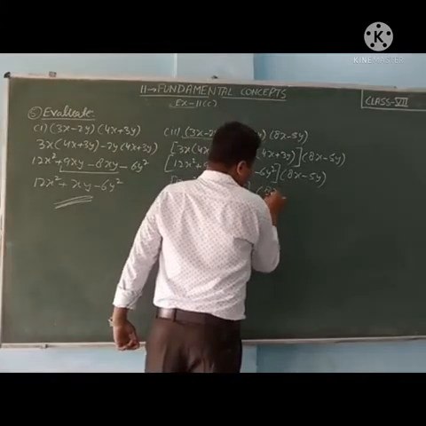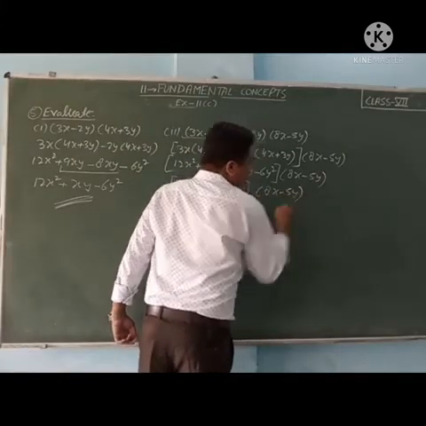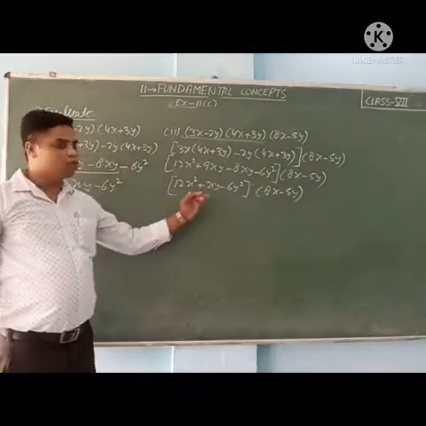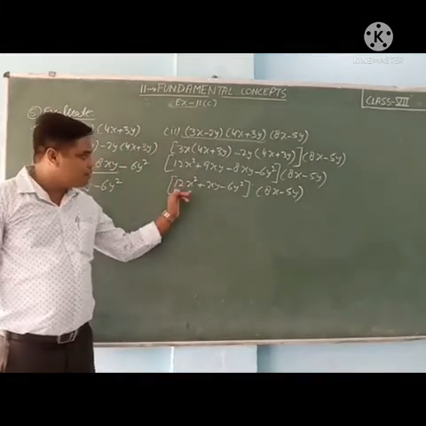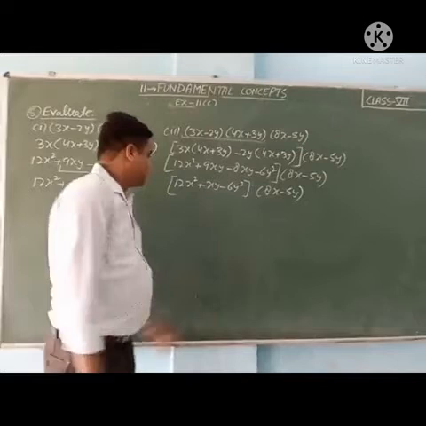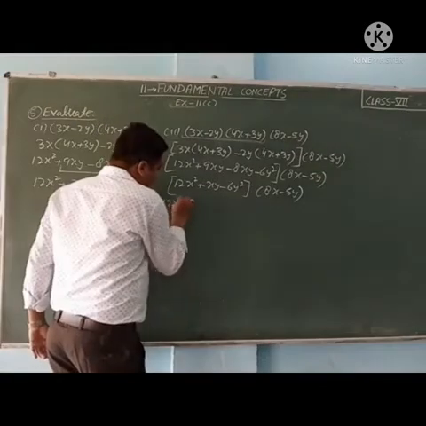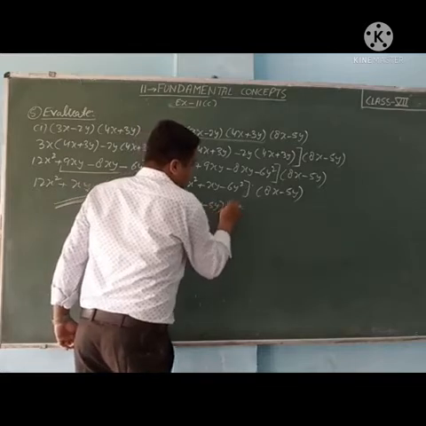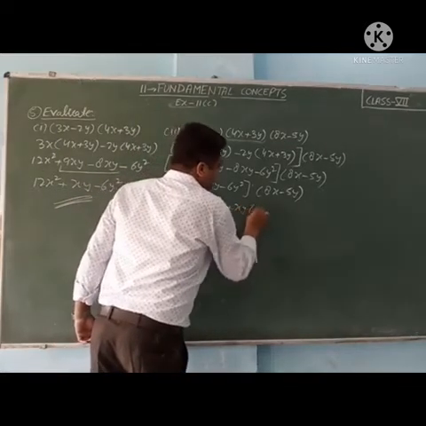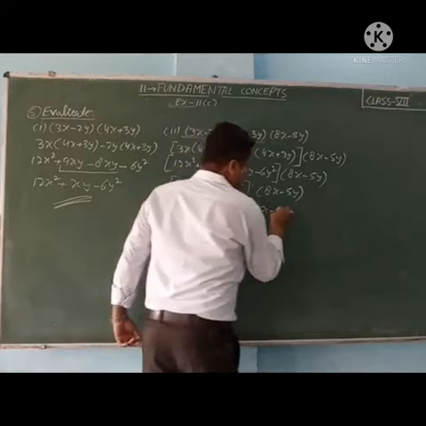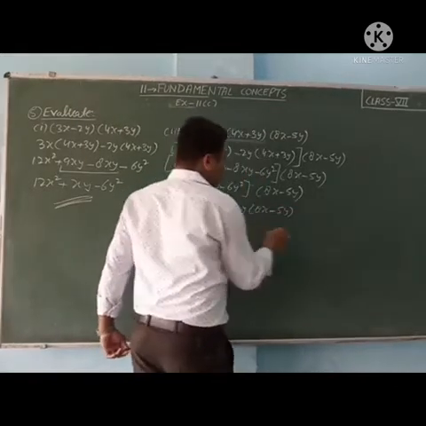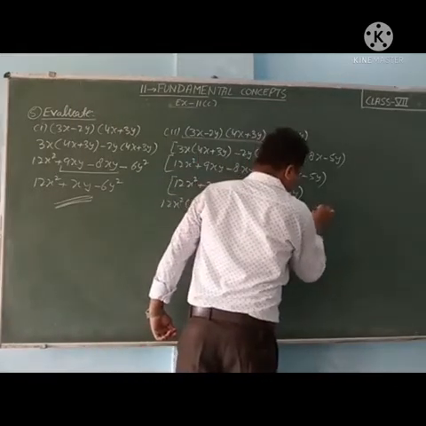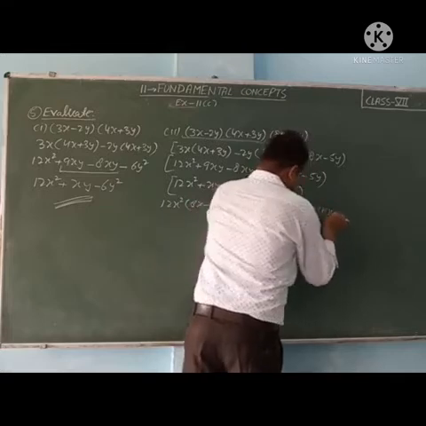Then 8x minus 5y. So now we will do this multiply. So this term and this complete expression. 12x square, then 8x minus 5y, plus xy, then 8x minus 5y, then minus 6y square, 8x minus 5y.